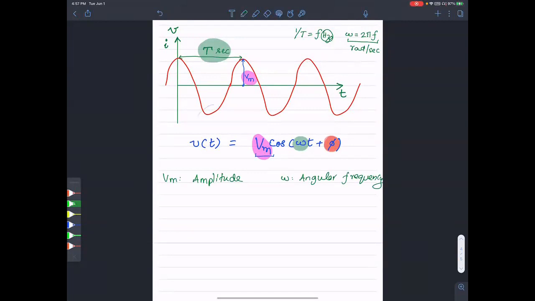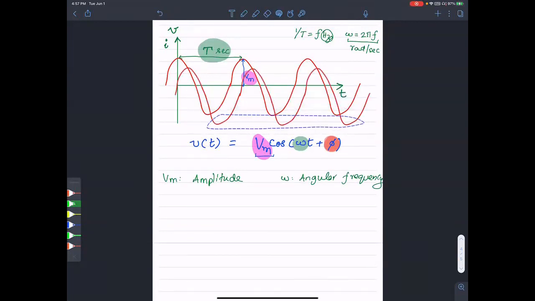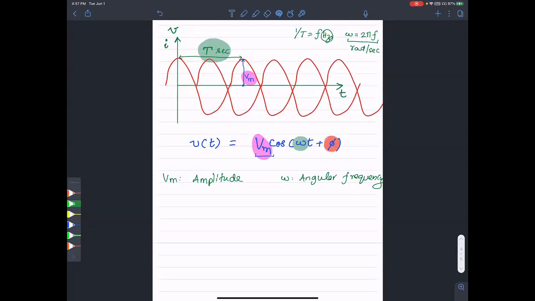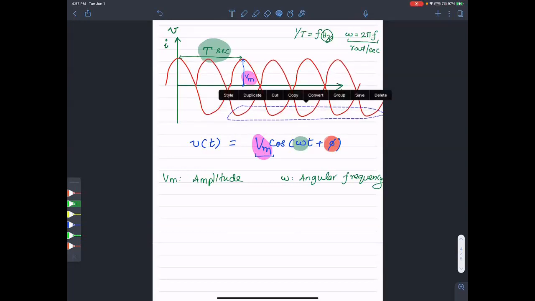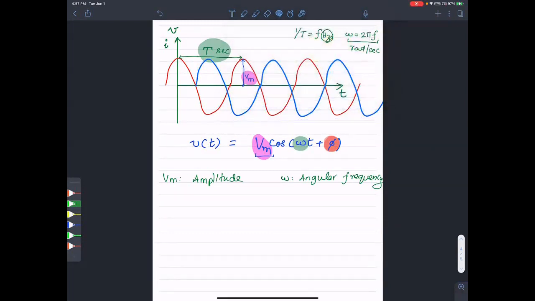Now, the phase really is this guy. When it is moving left and right, the time translation, I'm going to show that in a different color, maybe this color. Okay, this represents the phase.